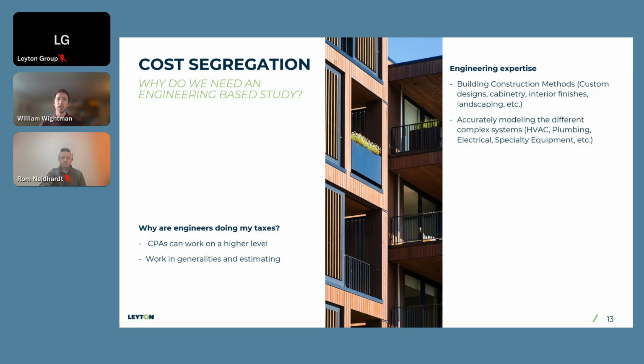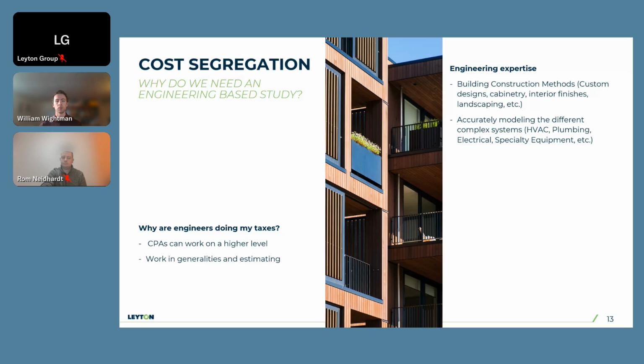CPAs can do a simple reclass of obvious items, but they don't have the level of expertise of breaking certain parts of a building apart into their respective class lives or asset classes and tax lives. If your CPA was doing a simple cost segregation breakdown, they would use estimates, rules of thumb, and generalities, and it wouldn't be nearly as detailed as having an engineer come in for your building.